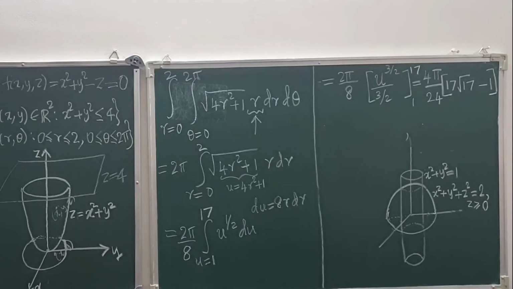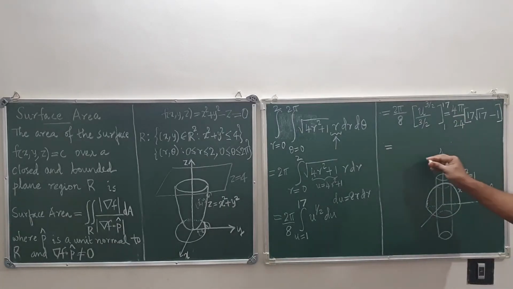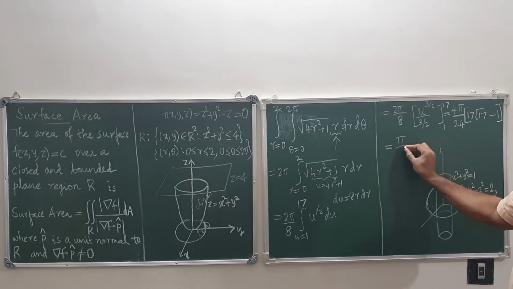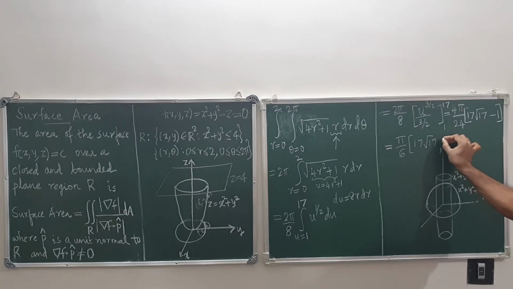So we can simplify this, 4 is a common factor, so this is pi by 6 times 17 root 17 minus 1.